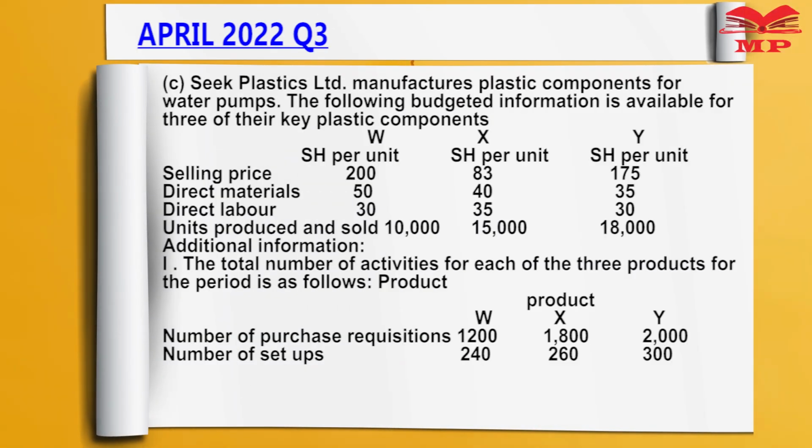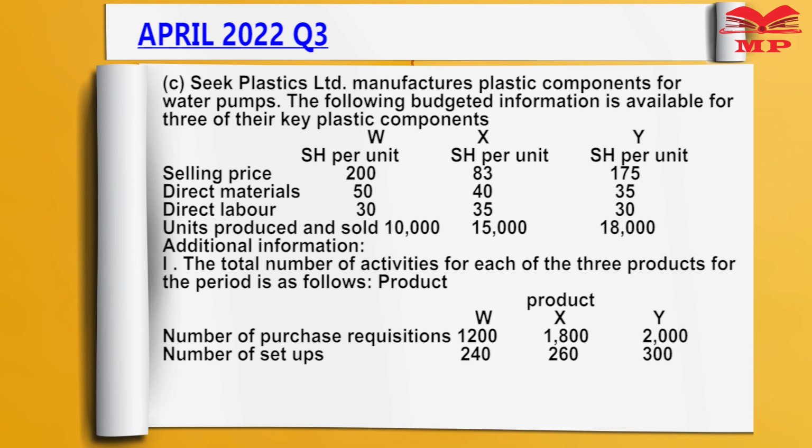Then we proceed on to part C of the same question. You are told that KNEC Plastics Limited manufactures plastic components for water pumps. The following budgeted information is available for 3 of their key plastic components. So you've been given the selling price, direct materials, direct labor, we have units produced, and then additional information. Note number 1, the total number of units of each of the 3 products for the period are as follows.